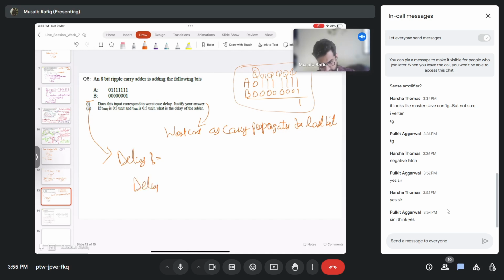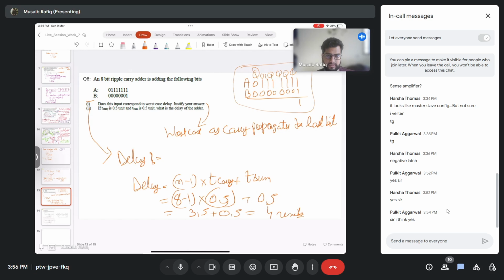So delay in the worst case scenario will be n minus 1 times t carry plus t sum. So n here is 8, so it will be 8 minus 1 times 0.5 plus 0.5. So it will be 3.5 plus 0.5. That is 4 units. Is this clear?